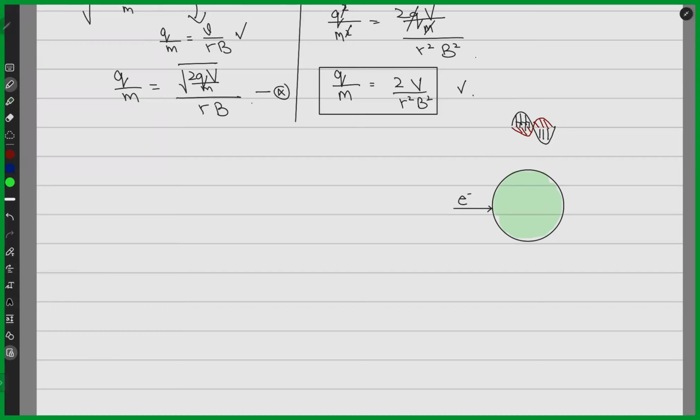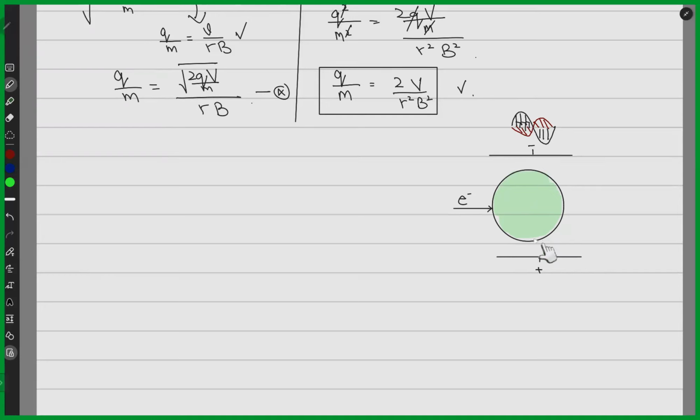So if I apply a potential difference across these, suppose that I make this plate positively charged and this plate negatively charged, then there would be some electric field, right?